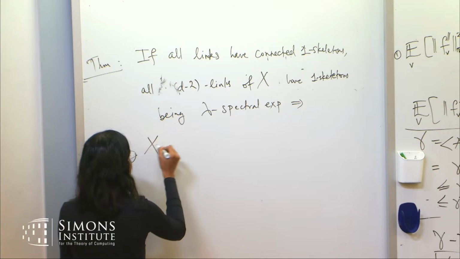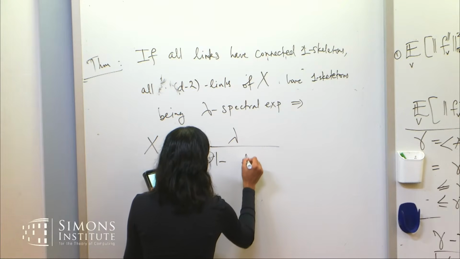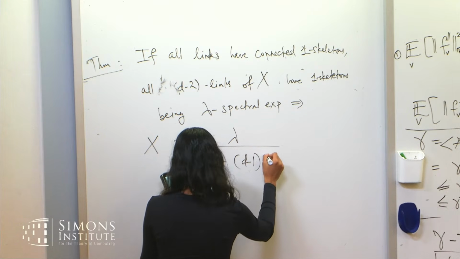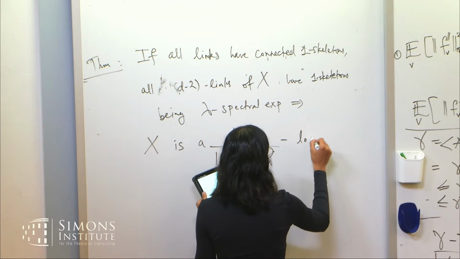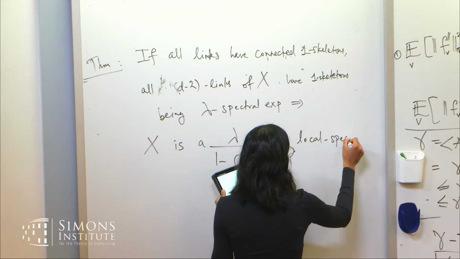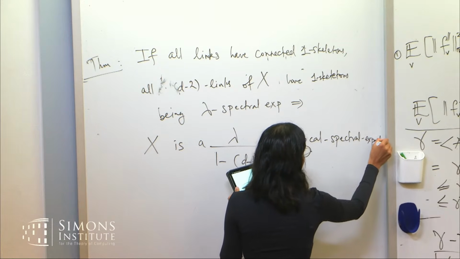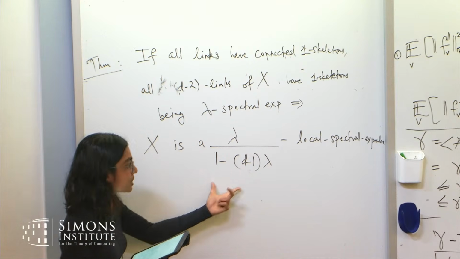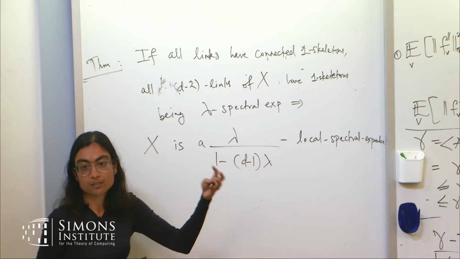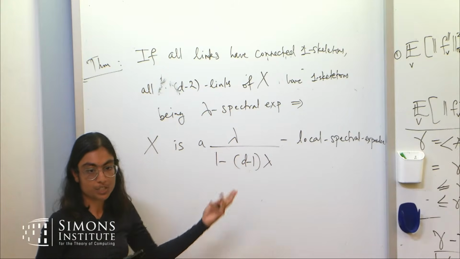then X is lambda by 1 minus (d minus 1) times lambda local spectral expander. So this just means that all links of X below d minus 2 have their one skeletons which expand.